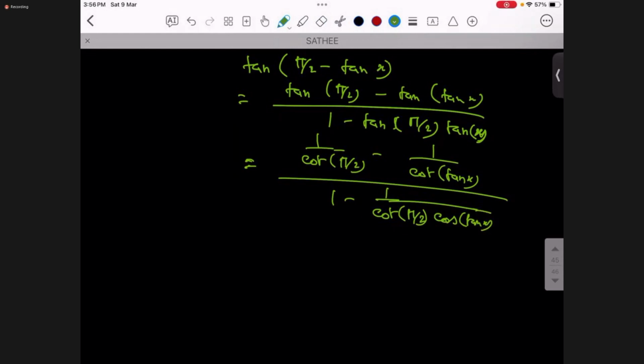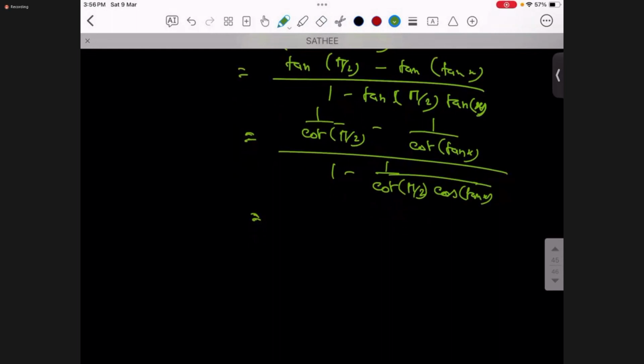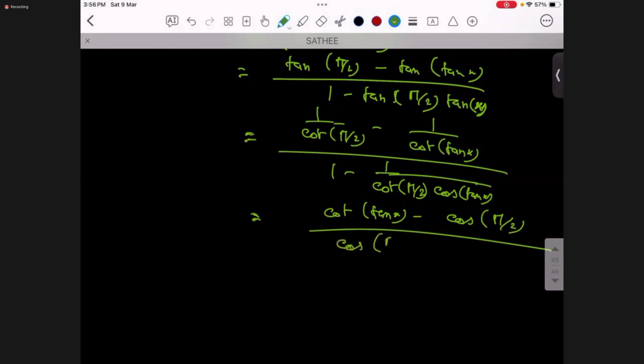Correct? Now, doing the things, we can easily show that we will obtain here cot of tan x minus cot pi by 2, divided by cot pi by 2 into cot of tan x minus 1.